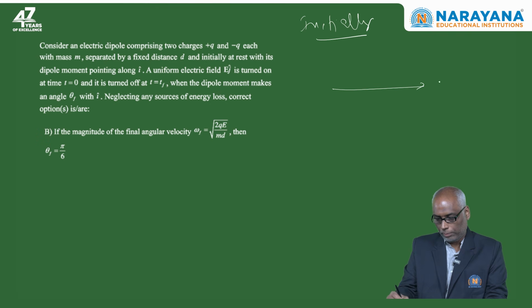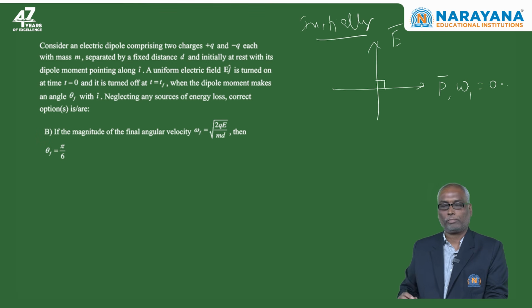This is the direction of dipole moment, this is the direction of electric field. The angle between these two is 90 degrees. Initial angular velocity is 0. So, initial kinetic energy is 0 and initial potential energy, given by P dot E, also becomes 0. Let us imagine that it has rotated, and the dipole makes an angle theta f with i cap, they said.